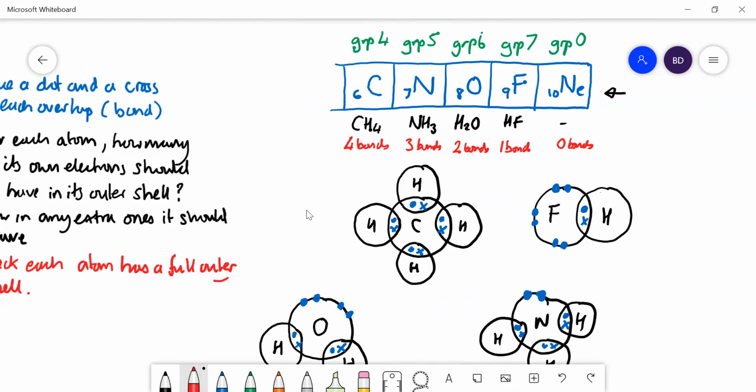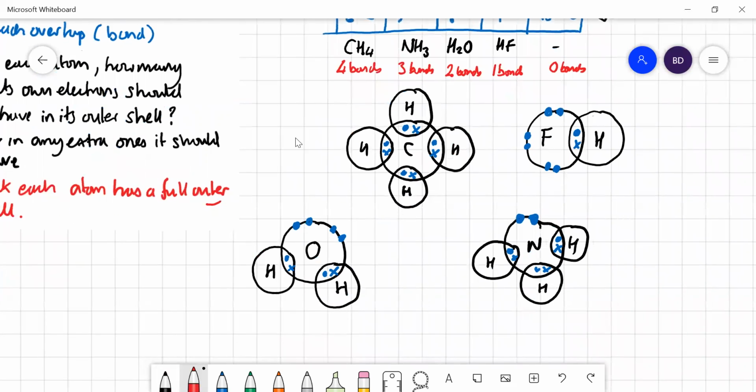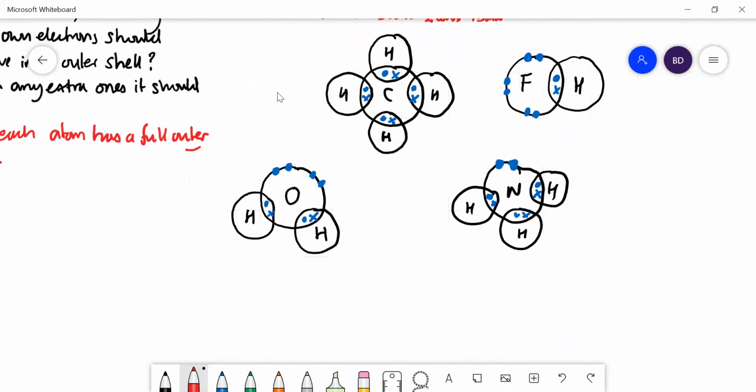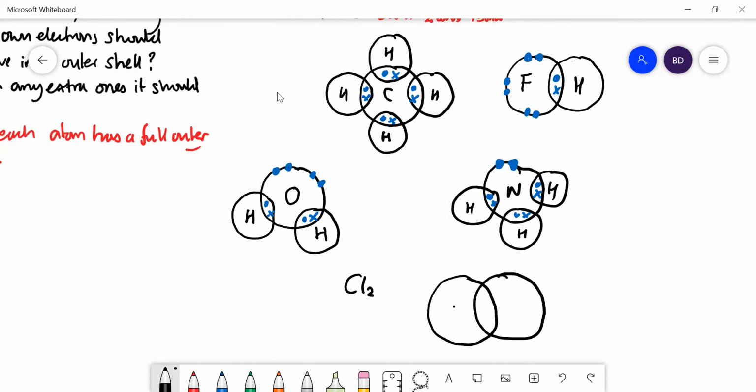Right, let's just do one more example before we finish off. We all know that chlorine goes around as a diatomic molecule, Cl2. Let's try and draw a dot cross diagram for that. Chlorine is in group 7, the halogens. The blue step says draw a dot and a cross. I'm drawing this chlorine as dots and this chlorine as crosses, so we don't confuse them. For the chlorine on the left, I've drawn 1 electron, 1 dot.